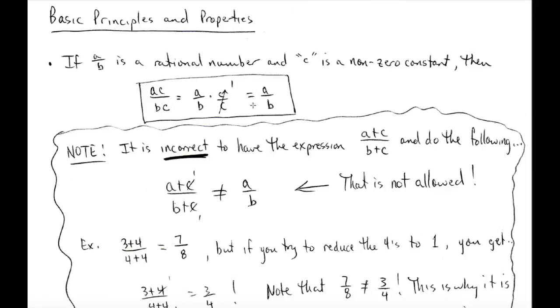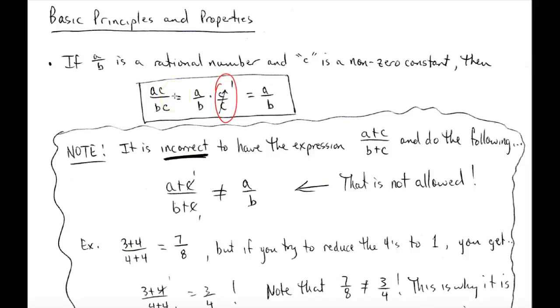So if we have a rational number or a rational expression, let's say a divided by b, then we know if we were to multiply the rational expression by 1, but made 1 look like something divided by that same something, in this case I'm saying c divided by c here, then we know that that would be equivalent.